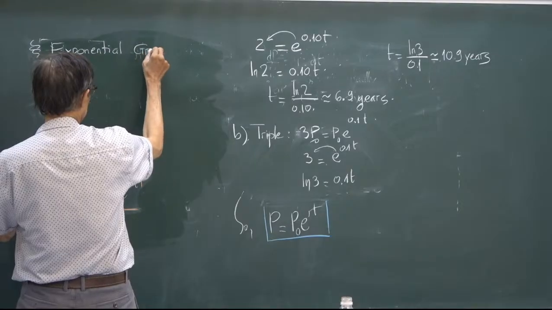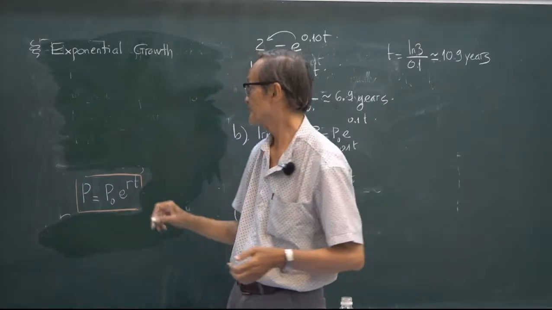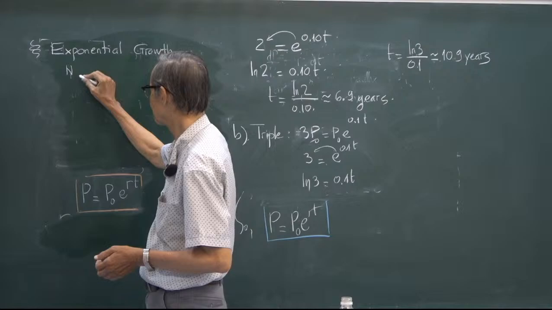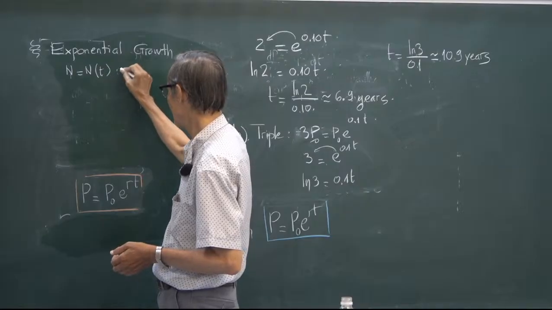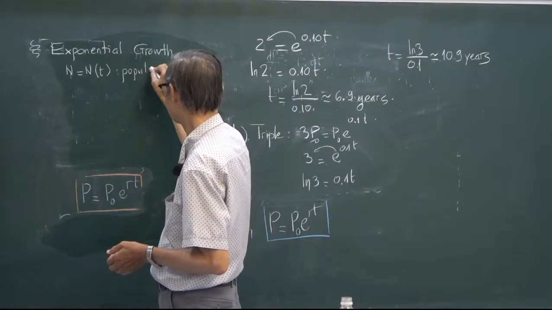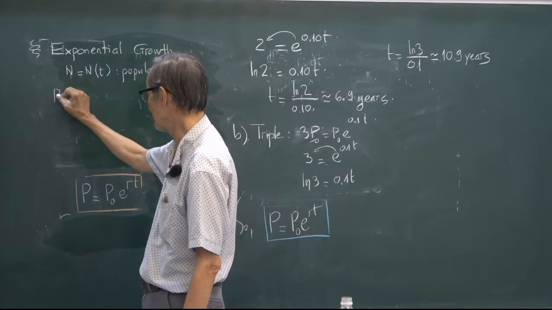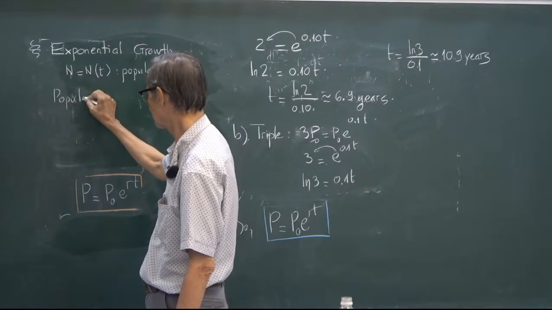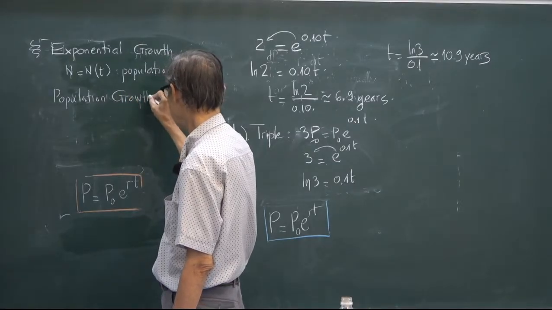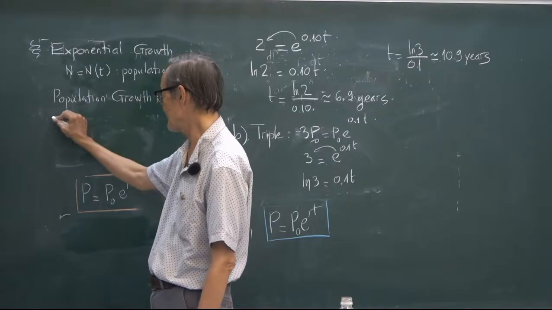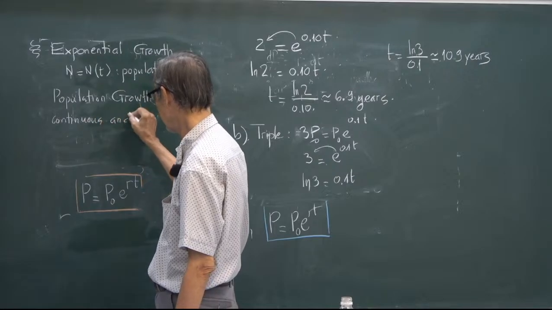Exponential growth. And population: N equals N of t, population. We have population growth that is continuous and exponential.